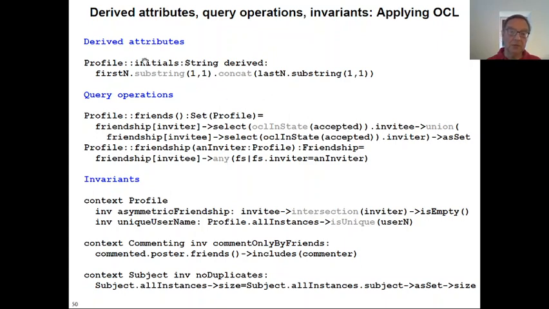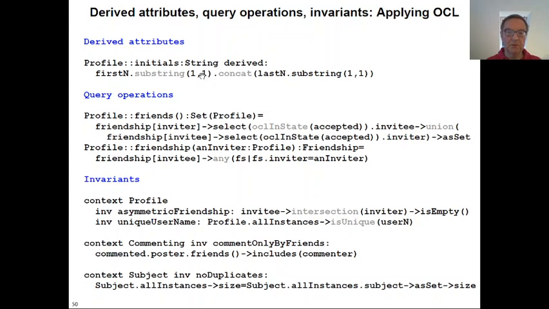So when we use the attribute initials, what is going on? We have an OCL expression that accesses the first name of the profile and the last name of the profile. And there are standard operations on strings in OCL. That's the substring with the lower and the upper index in the string that we want to consider.